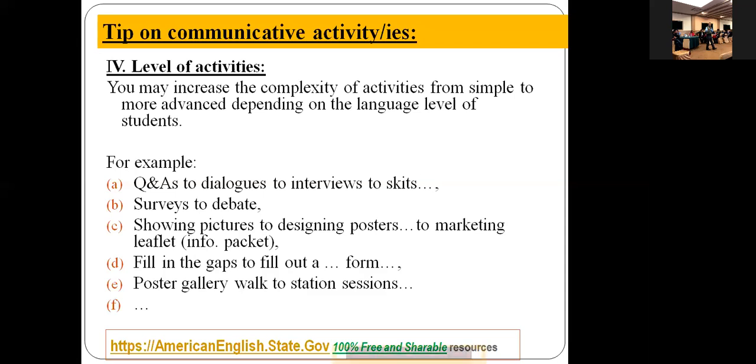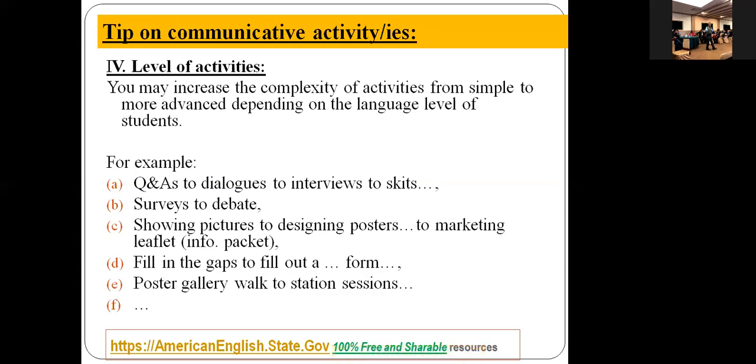And also fill in the gaps to fill out a form. For example, you can have an activity where the students are traveling, and then they miss their luggage. I mean, the airline misses their luggage, and then they need to fill out a form. So you can have this kind of activity, or you can have a form to get admission into a college or a hotel.